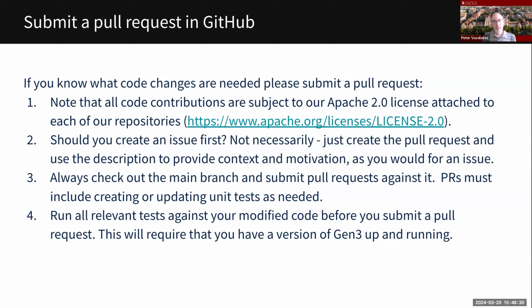You may need to add completely new unit tests. And that is as valuable as the changes that you're submitting. So please remember that. Run your tests first, run the set of unit tests against your code before you submit the pull request. It'll save us all a lot of time and trouble if you make sure that things are running.